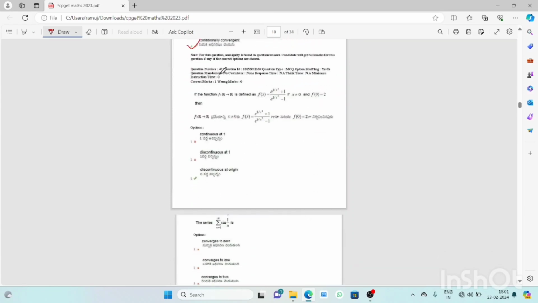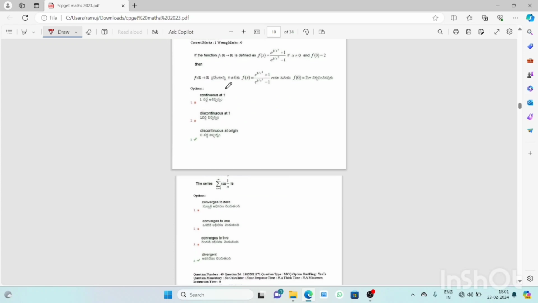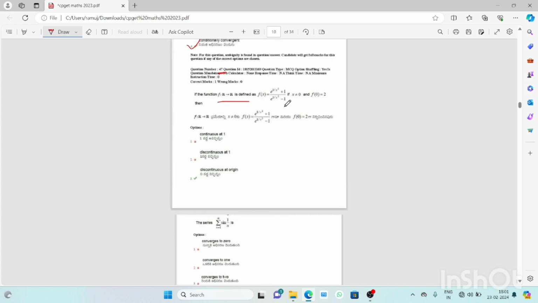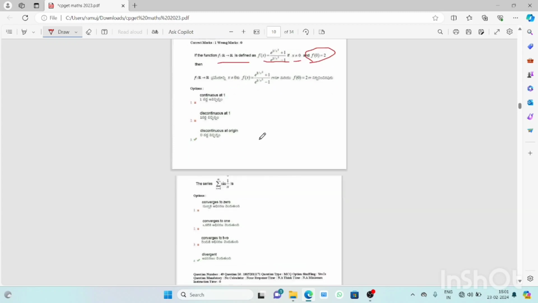Question 47: if the function f from R to R is defined as f of x equal to e power 1 by x square plus 1 divided by e power 1 by x square minus 1 if x is not equal to 0, and f of 0 equal to 2. He mentioned some conditions, such as whether it is continuous or discontinuous at the origin.